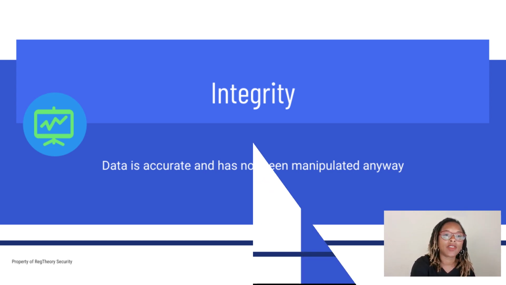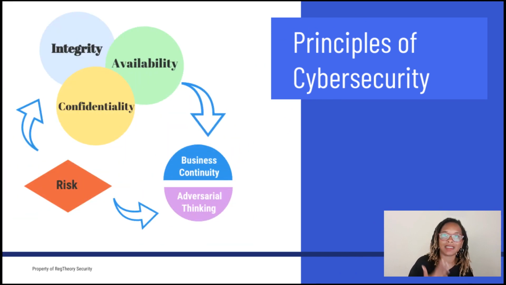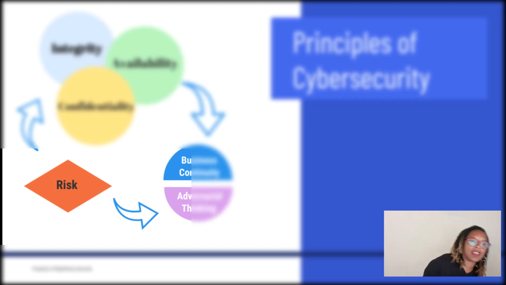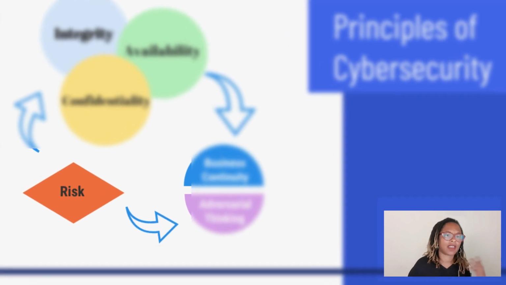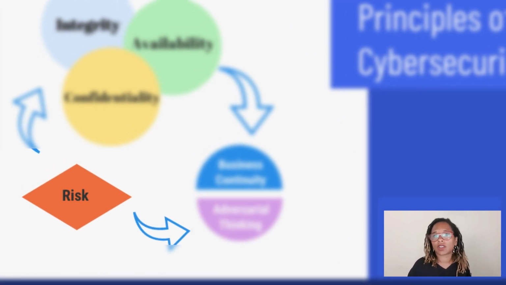Now, there are other concepts that need to be taken into account. We can call these sub-principles of sorts. The first one would be risk. You always have to understand what procedures are in place to mitigate financial or security risks to an organization.